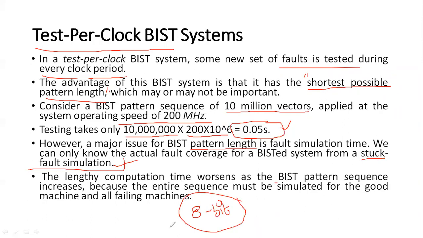So the set of pattern sequences increases, and based on the entire sequence, each and every bit has to be simulated for better machine operation. If it doesn't do this for each and every bit within the test operation, the system may be set for failure operation.